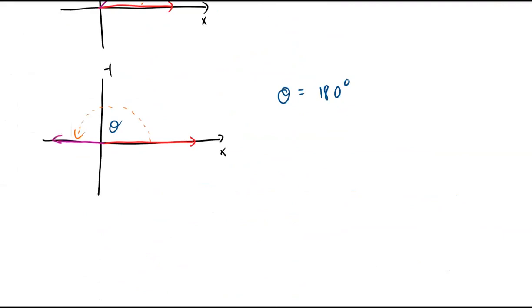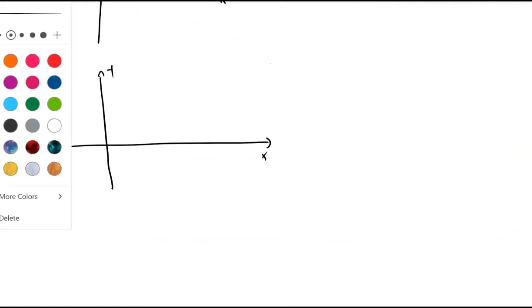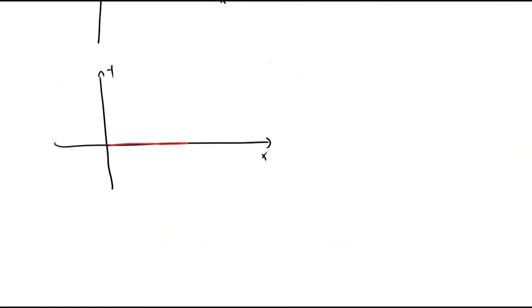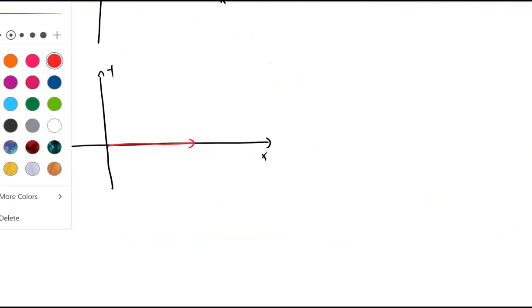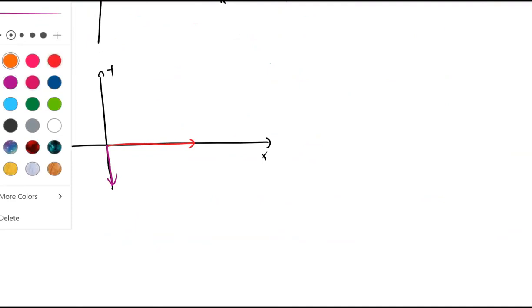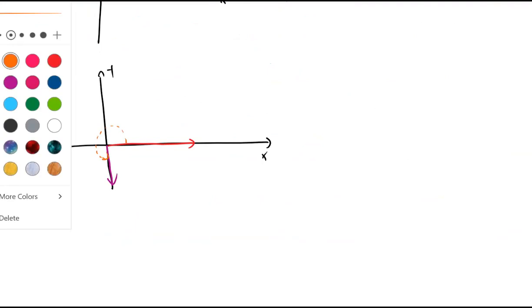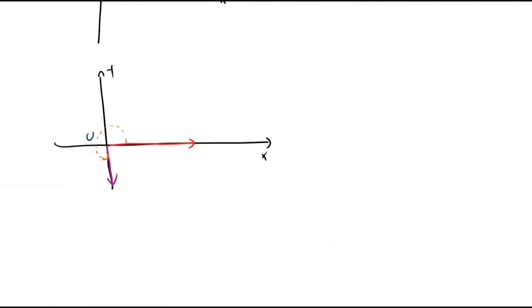Using these observations from the previous picture, again with the x and y axes and the initial side, I want the terminal side on the negative y-axis. It's a counterclockwise rotation, and based on the picture I drew above, I know this angle is 90 plus 90 plus 90, which is 270. So it's the angle theta, and theta here equals 270.